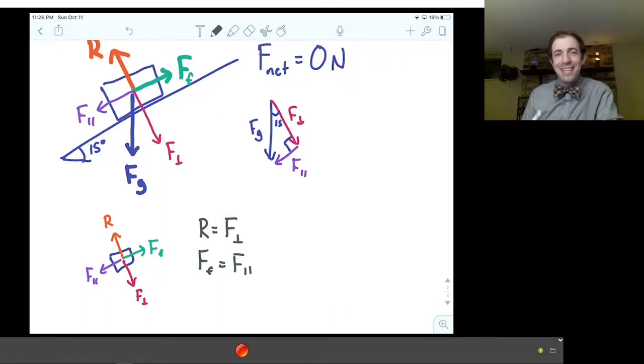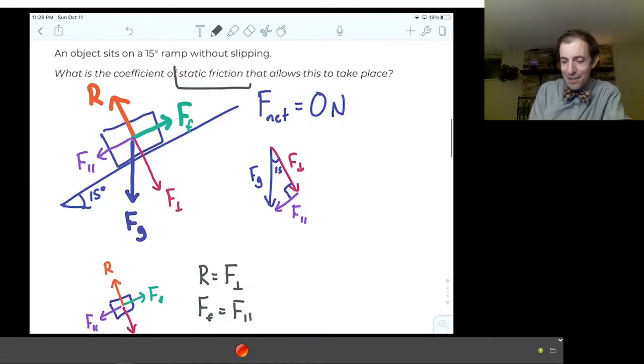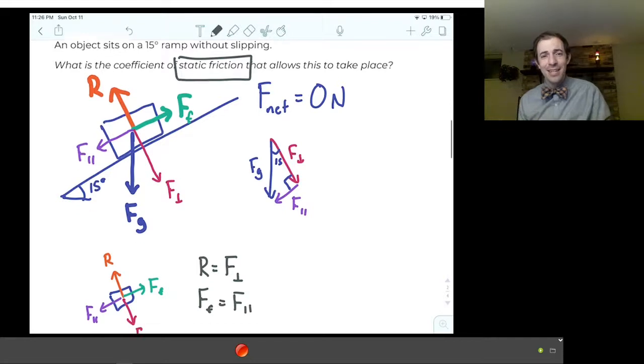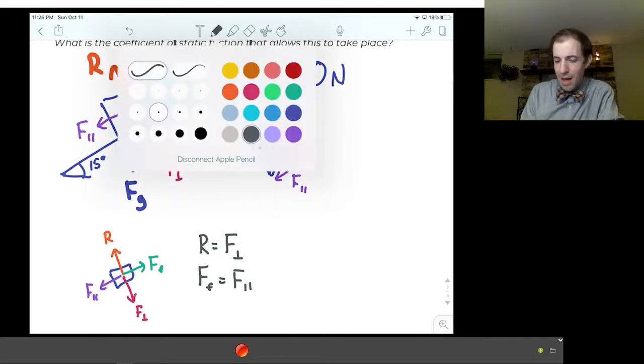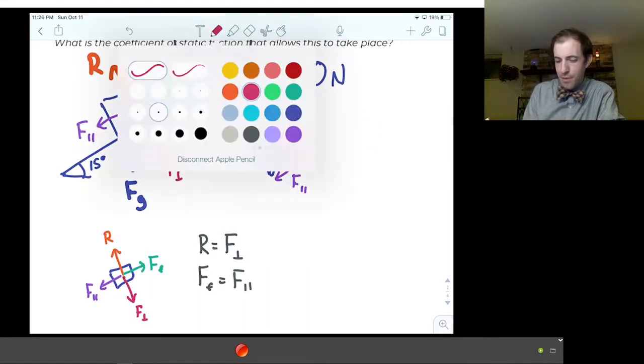What that means is now I can look back at what I'm looking for, the coefficient of static friction. So that is associated with my force of friction.